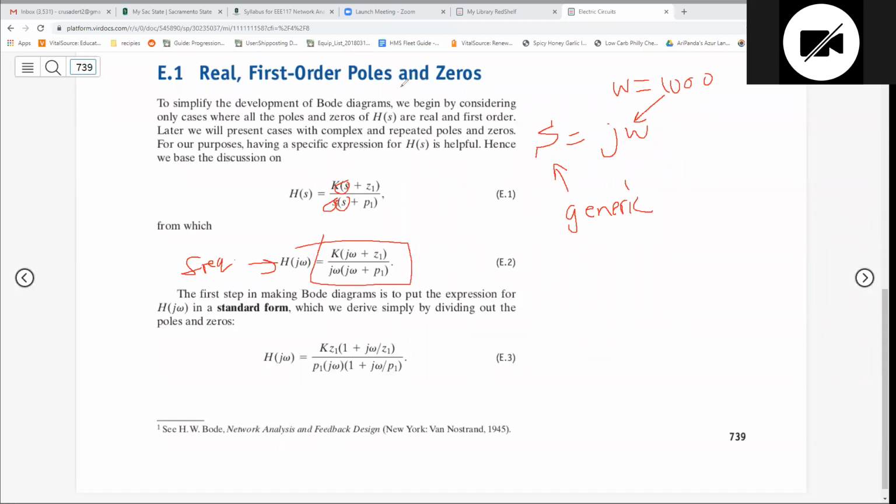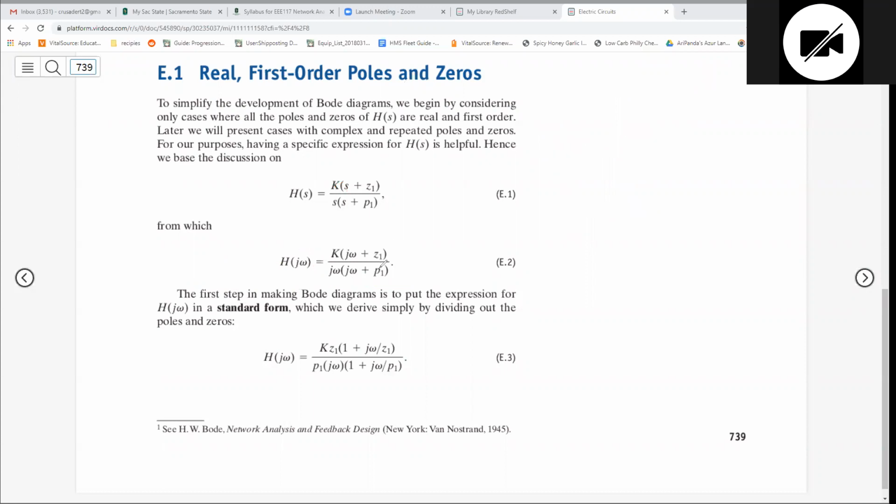And now what you want to do is take every zero and pole. So we have a JW plus Z1. And you want to get a common denominator or a common numerator out, right? What we want to do here is get a Z1 out.